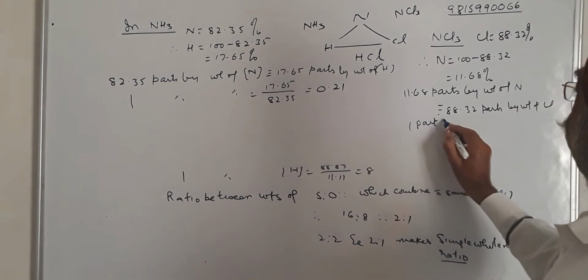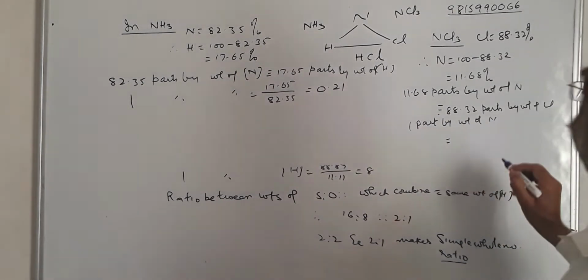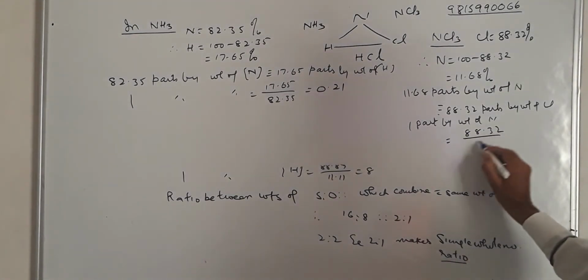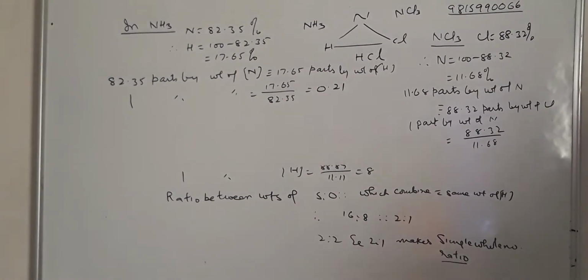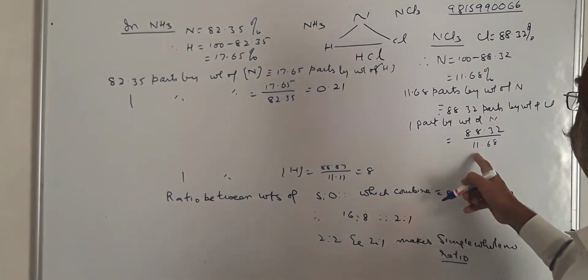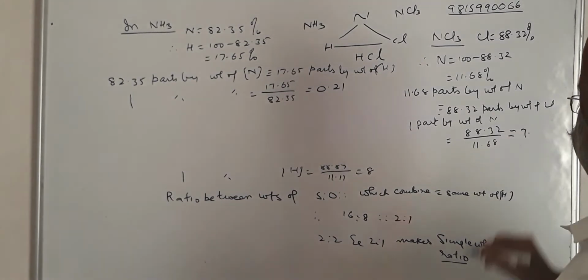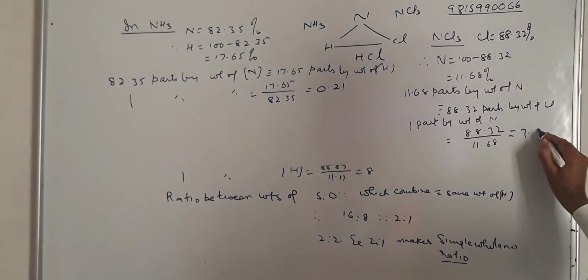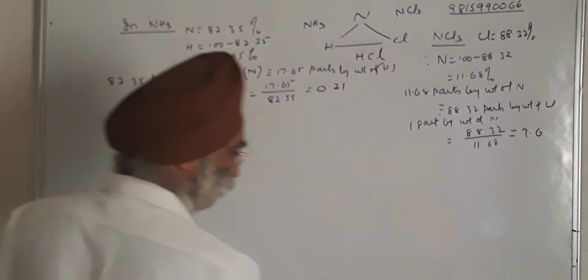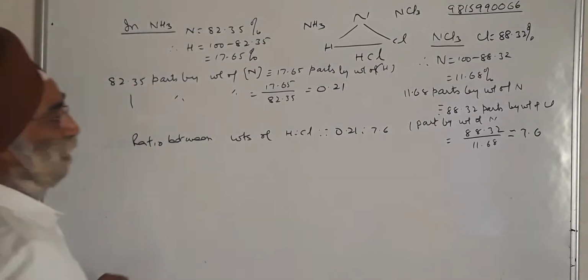Take 1 part by weight of nitrogen: 88.32 over 11.68 comes out to be approximately 7.6. So the ratio between weights of hydrogen and chlorine comes out to be 0.21 is to 7.6.